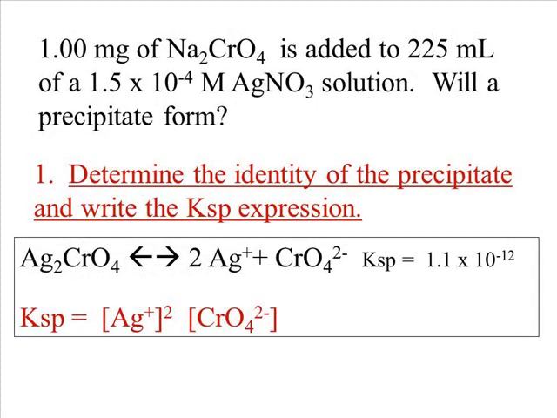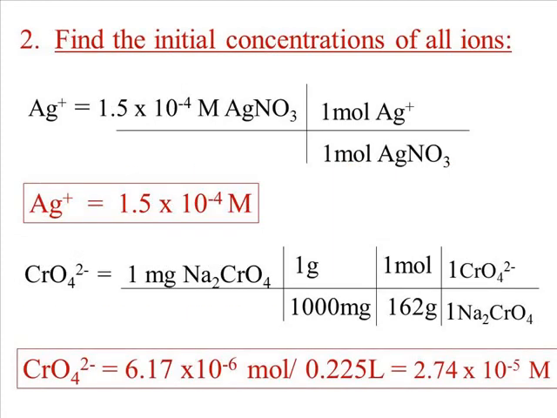To determine if a precipitate will form, you take all the numbers in the problem, and all you really have to do is figure out the molarity of each ion and put it in the expression and compare Q and K. So here we've written the expression, we've got the Ksp value. Find the silver ion concentration. We use the 1-to-1 mole ratio between the silver ion and silver nitrate.